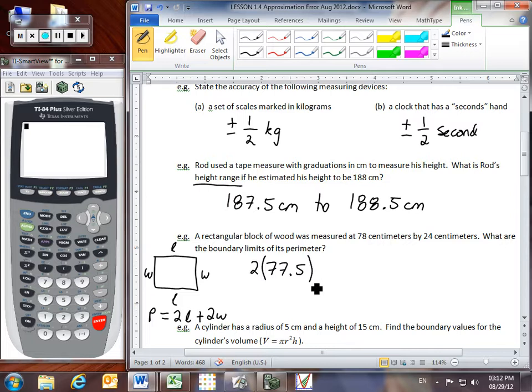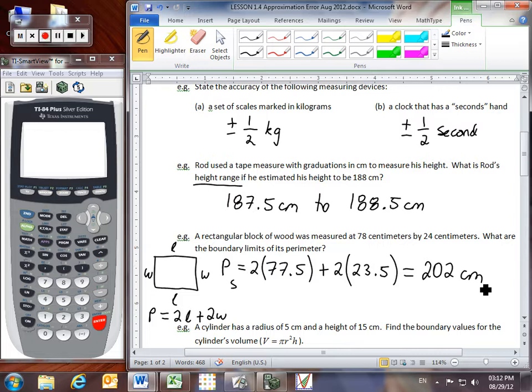Our perimeter says we've got 2 of these. I'm going to call this the perimeter small. And we have to add to it 2 of the widths. The smallest possible width would be half a centimeter less, 23.5 centimeters. And this must mean that we've got 202, I think, centimeters.